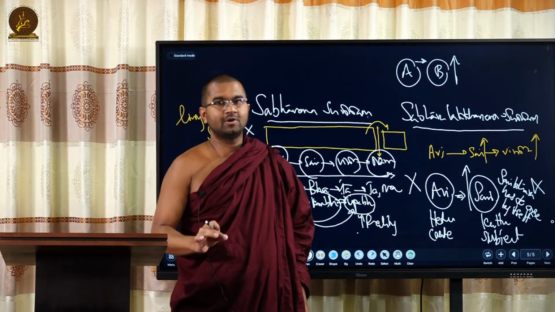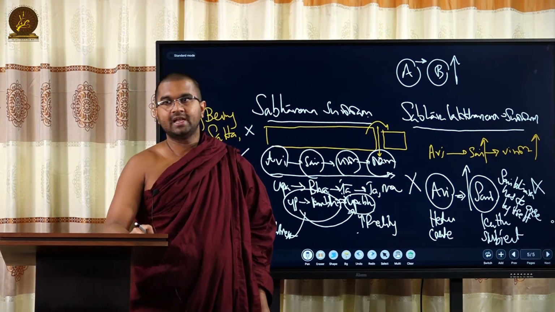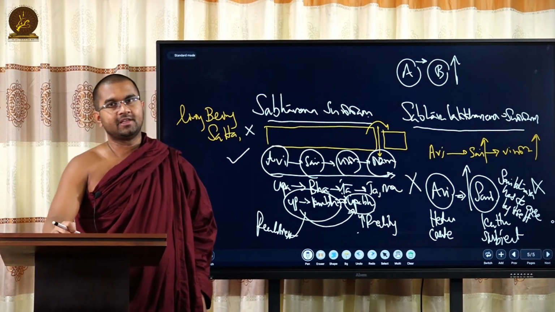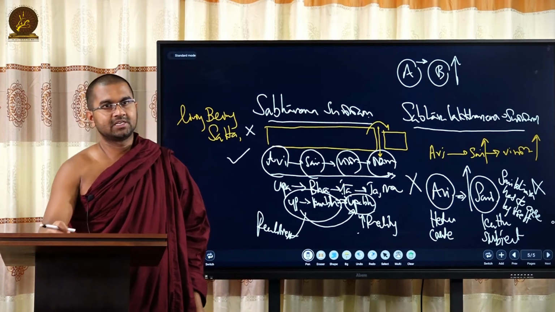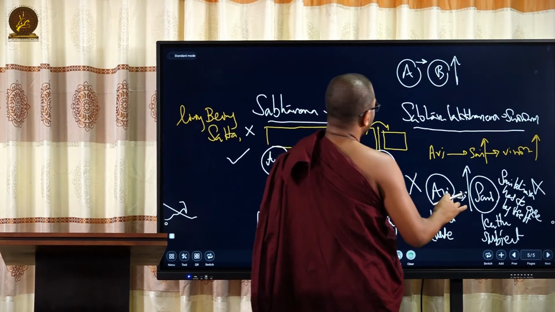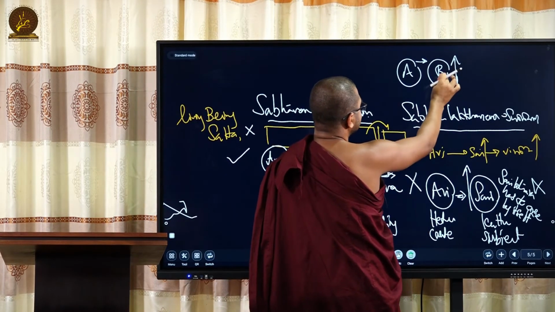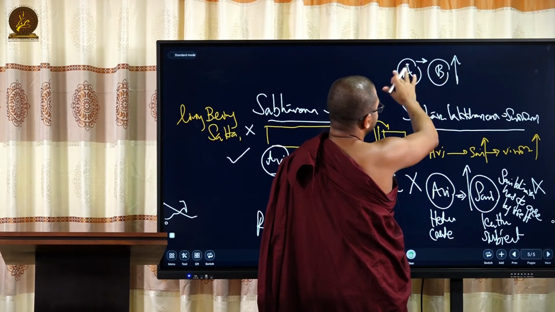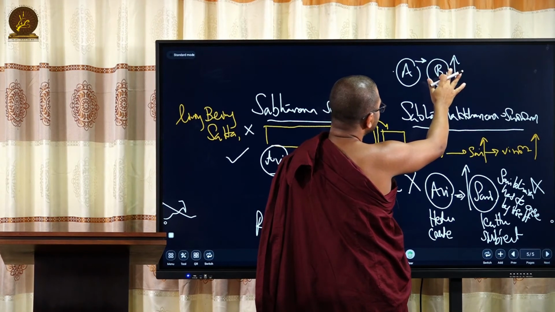Why is that? Without A, B would not arise. It shows that B needs the support of A for its arising. So great support is needed. Therefore, we say B doesn't have its own existence. It's supported by A.